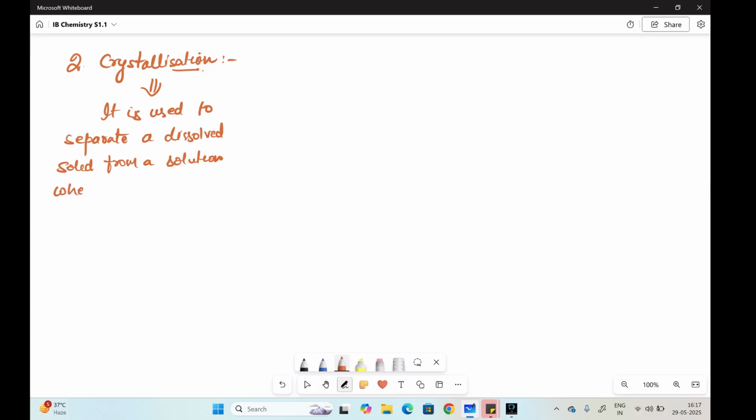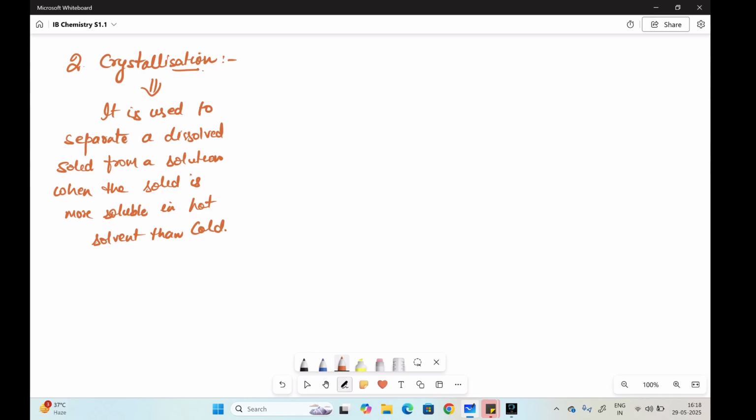when the solid is more soluble in, let's say, hot solvent than cold.